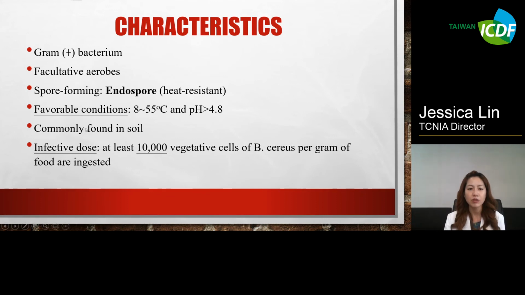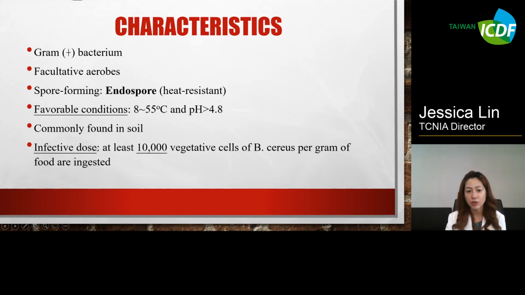Their favorable growing conditions are temperatures between 8 and 55 degrees Celsius and a slightly neutral or basic pH. It is commonly found in soy.